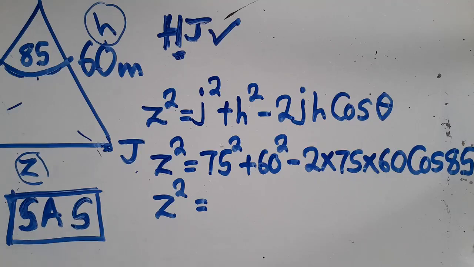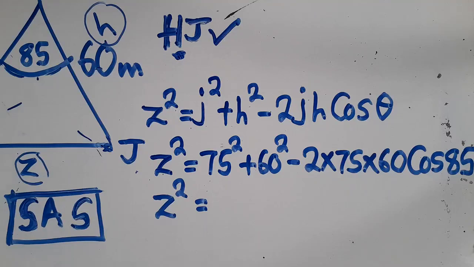So let's type 75 squared plus 60 squared minus 2 times 75 times 60, like that. I continue, then I say cos 85.